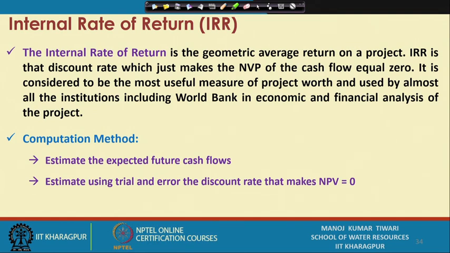The method is a little difficult compared to the earlier methods. It estimates the expected future cash flow and then, using trial and error with different discount rates, it tries to make the net present value 0.